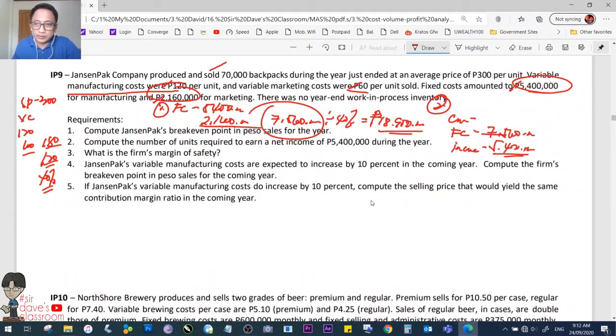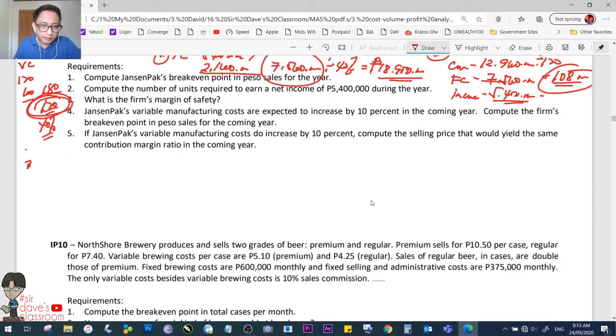Contribution margin total should therefore be 12,960,000. To earn 5,400,000 income, you need 12,960,000 total contribution margin. Divide this by the 120 pesos that we have computed to be your CM per unit. Then the number of units necessary to earn 5,400,000 should be 108,000 units. Final answer, number 2.